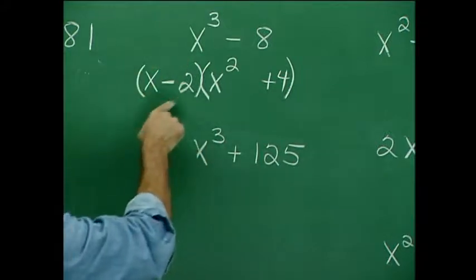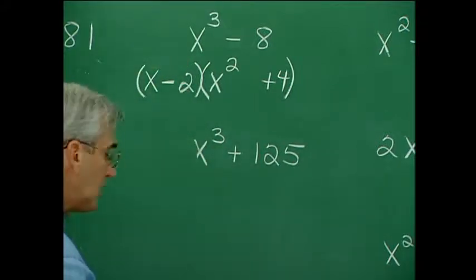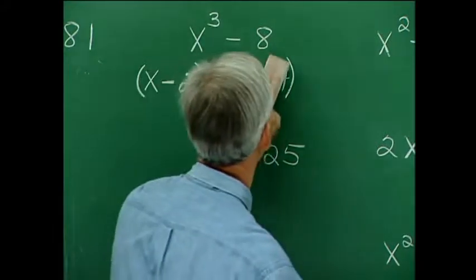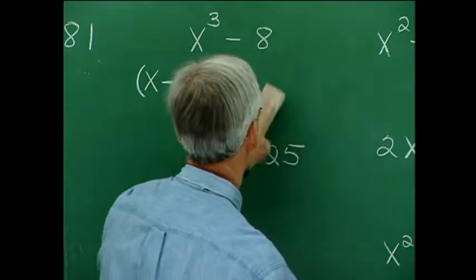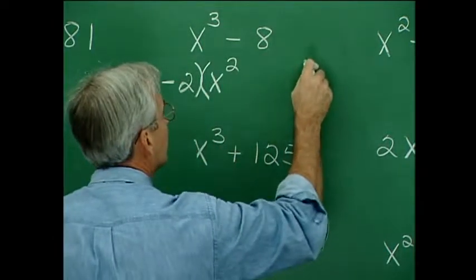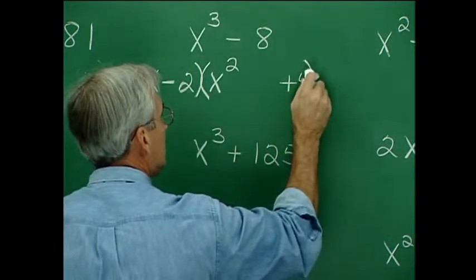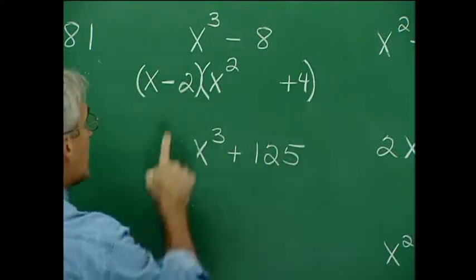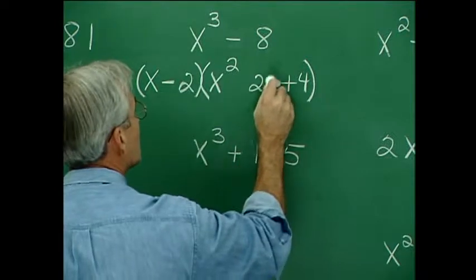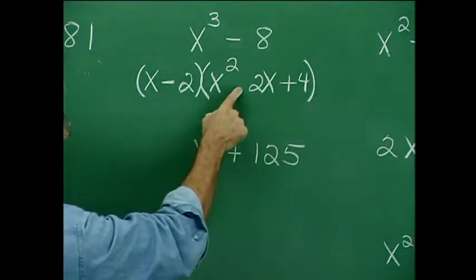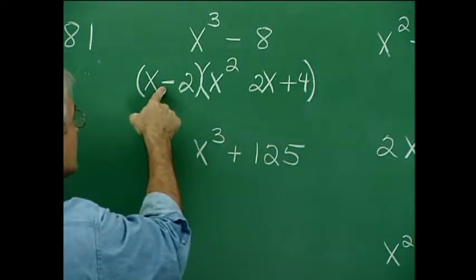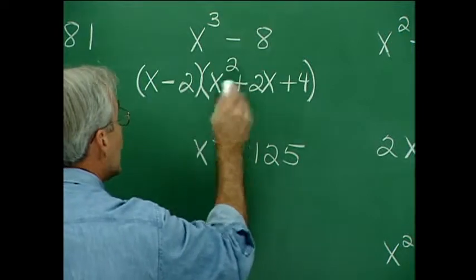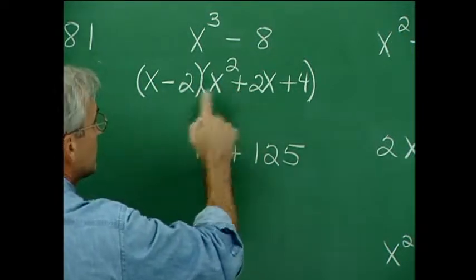The middle term is the product without regard to sign. And it looks to me like I need a little more room here. Let me just stretch this out a little bit, make it look a little cleaner. Okay, the middle term is the product of these two without regard to sign. So 2 times x, 2x. And the sign turns out to be opposite that sign. If that's minus, this is plus. And if that's plus, this would be minus.